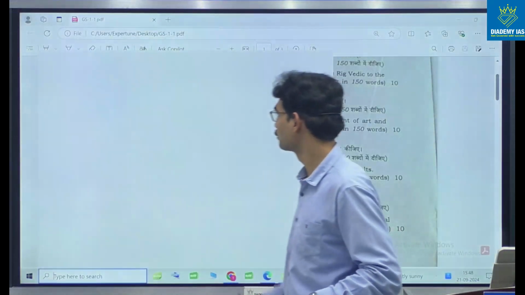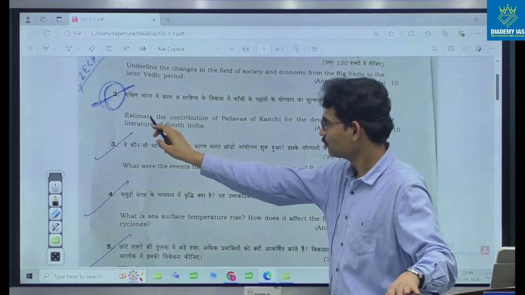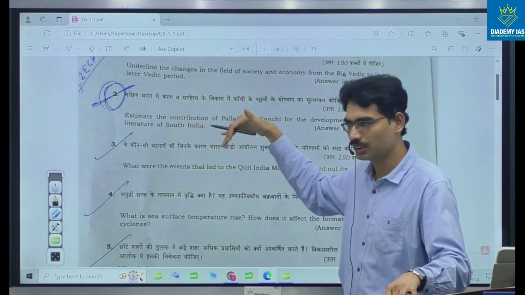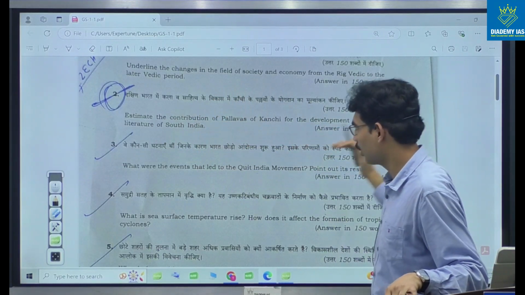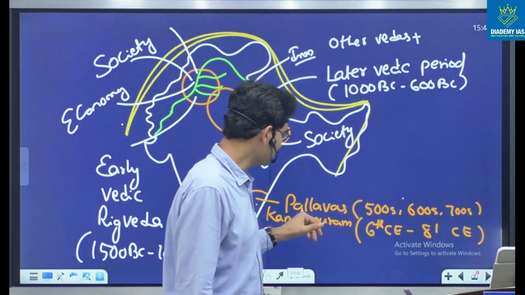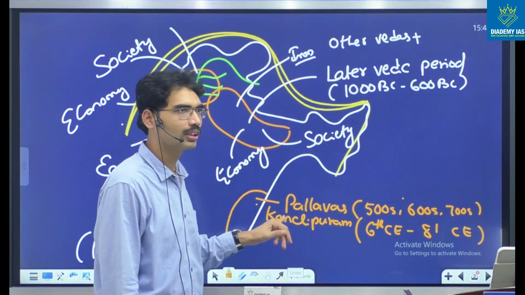So the question is, estimate the contribution of the Pallavas of Kanchi for the development of art and literature. That's it. So simply, what is the contribution of these people to art and literature?